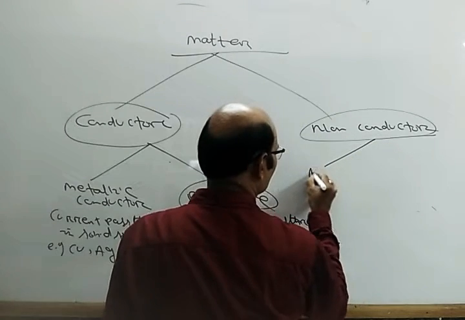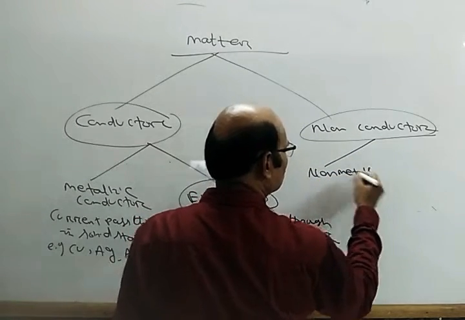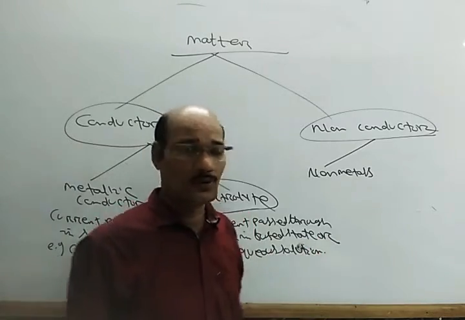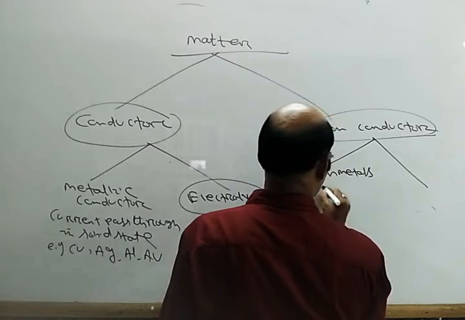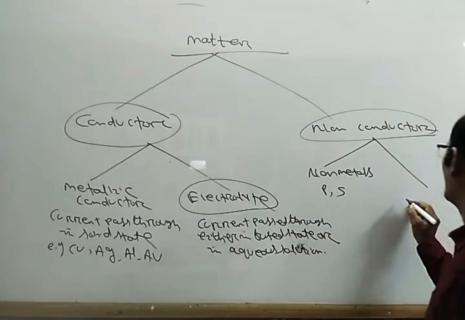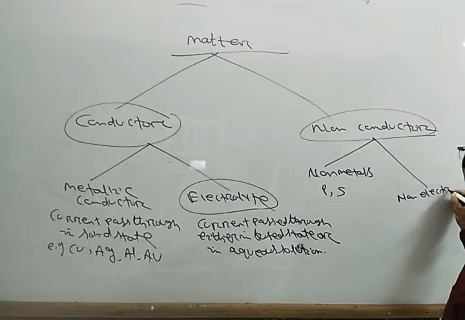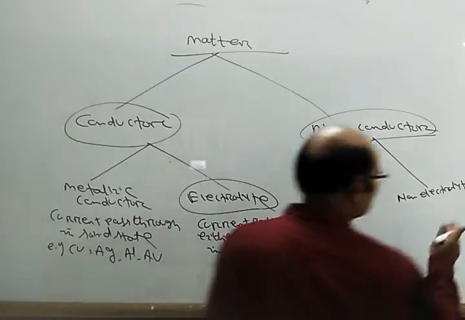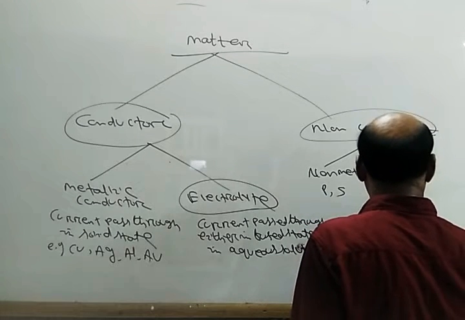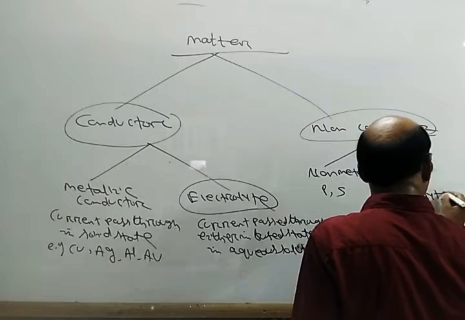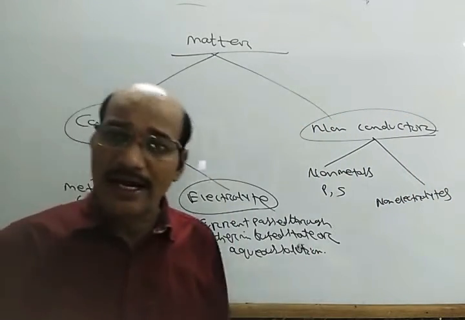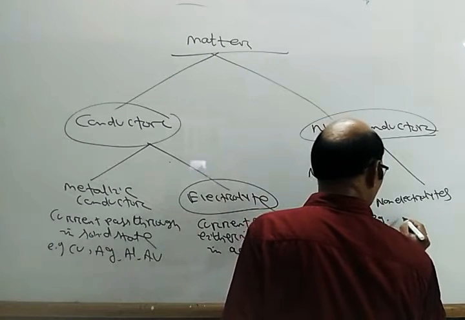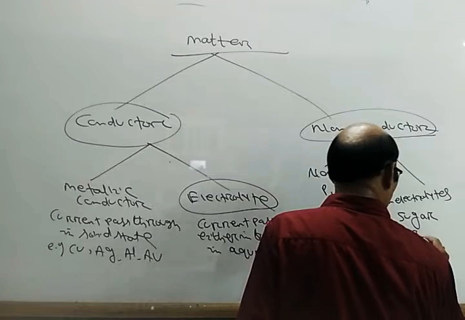These are non-metals, substances through which electric current cannot pass in the solid state, like phosphorus and sulfur. Now, non-electrolytes are those through which electric current cannot pass either in the fused state or in their aqueous solution state. For example, sugar and urea.